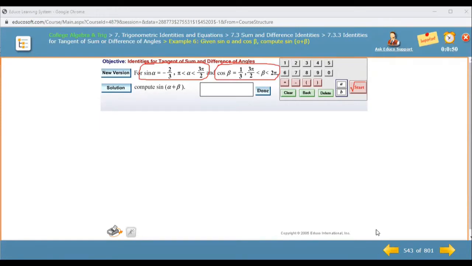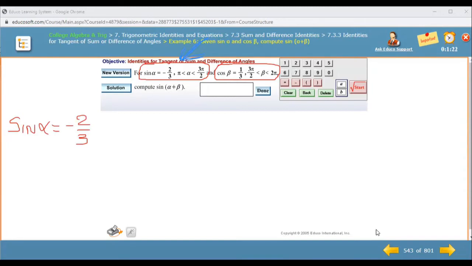Now, if you look at the first part, it gives you sine alpha is negative 2/3. Second thing, by looking at this, can you tell me over here at the top, which quadrant we are dealing with?